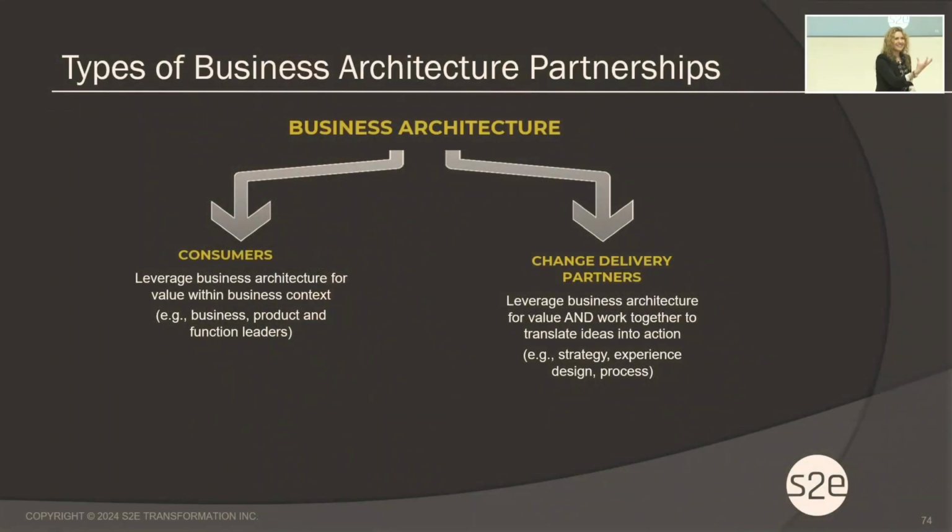But change delivery partners, there's a different relationship here. These are the people that we are partnering with to get idea into action, from strategy to execution. You'll remember me showing earlier that view of the strategy execution steps and then the different teams below. So these I'll just refer to as change delivery partners. These partners are both going to hopefully find value in business architecture for their own decision making, but we're also going to work hand in hand, playing different and complementary roles to translate ideas into action.